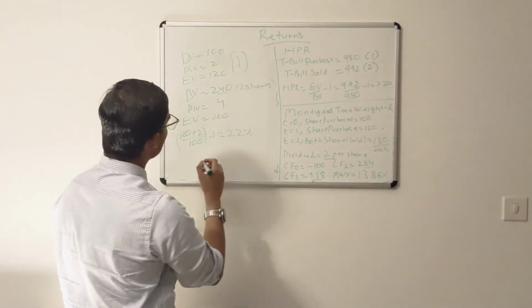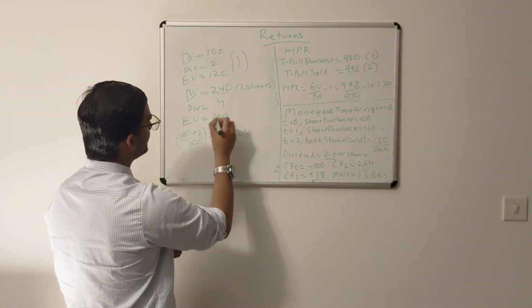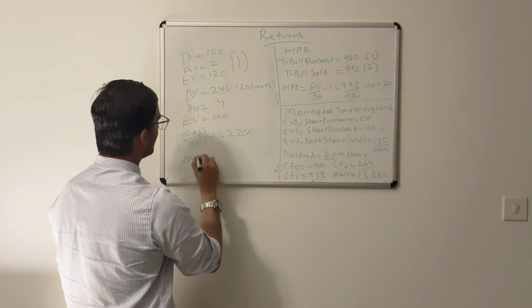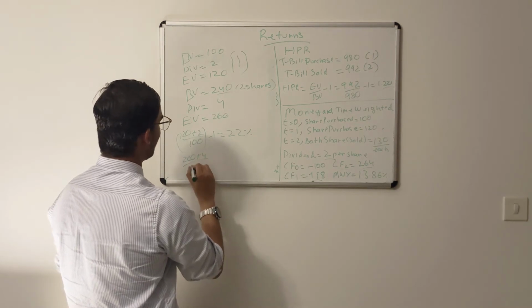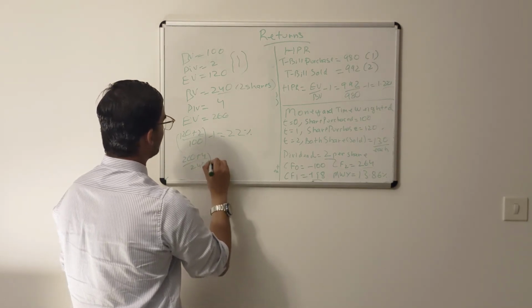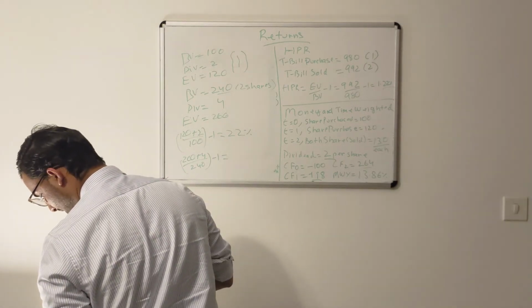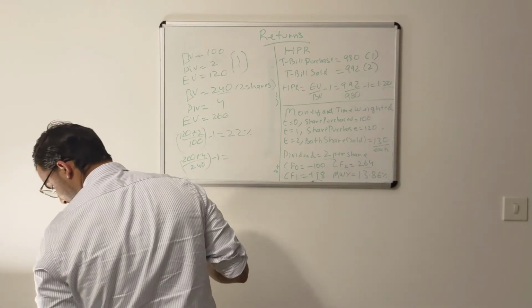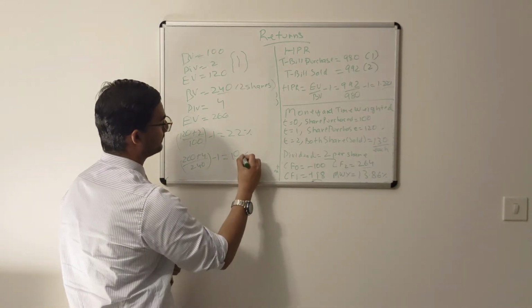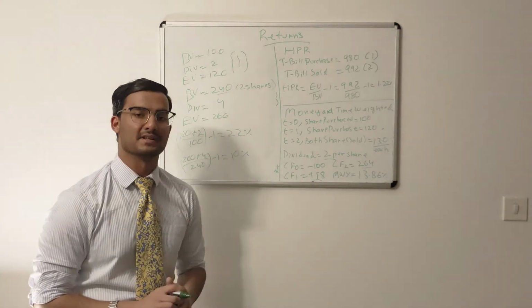The next one being 260 plus 4, divided by 240, minus 1, will give you a figure of 10%.